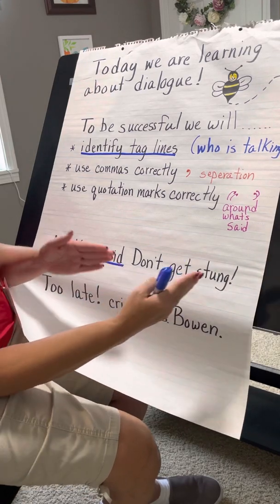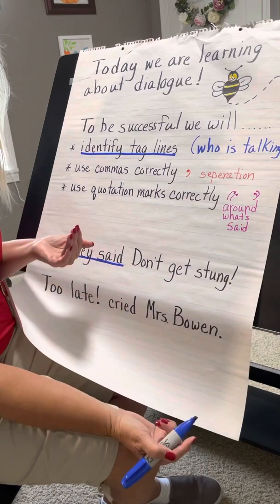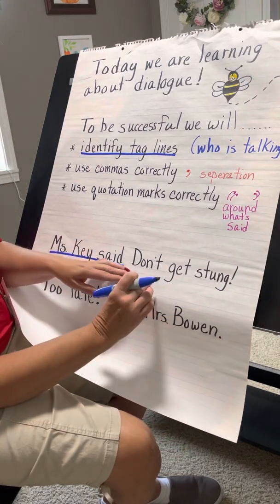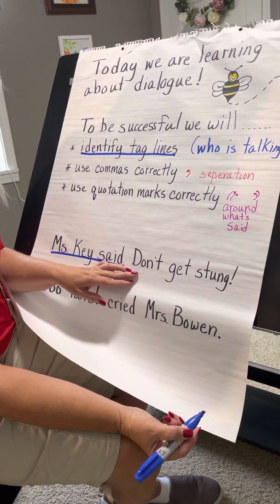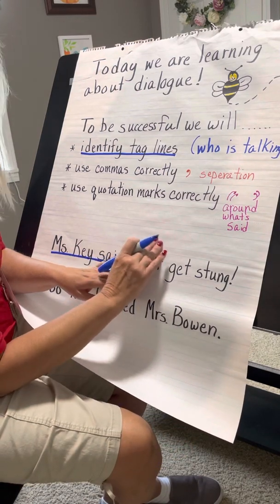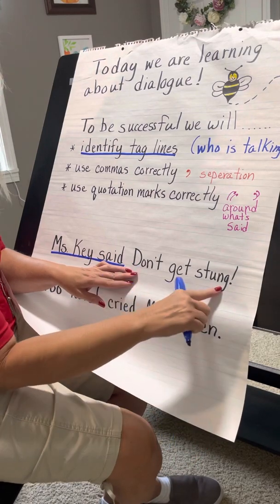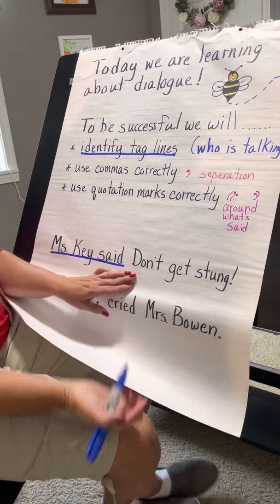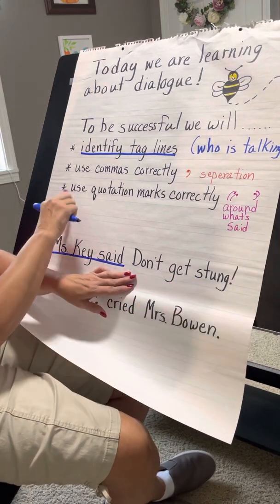Now we got to find out what they said. And it will be a sentence all to itself. Is this a sentence, don't get stung? Yeah, it's a complete sentence, but it is implied who the noun is. The noun is you. It's telling you, don't get stung, or whoever Miss Key's talking to in the sentence. So don't get stung is the quotation.